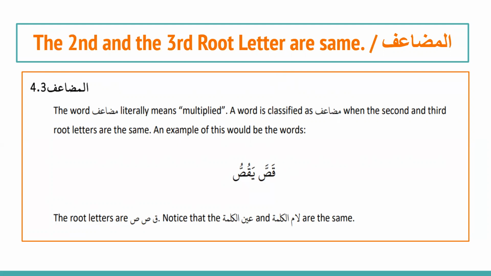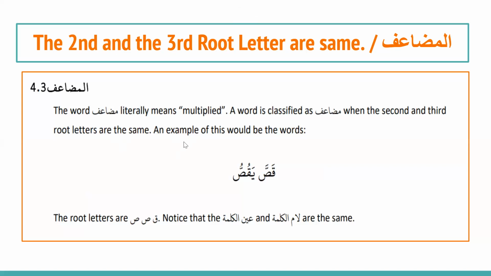Mudaa'f literally means multiplied. Multiplied means it is increased. The same letter is coming twice. One of the three root letters comes twice. Usually it is the second and third root letters which are the same.